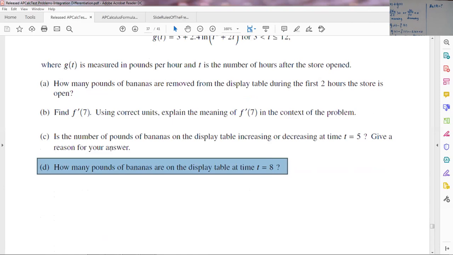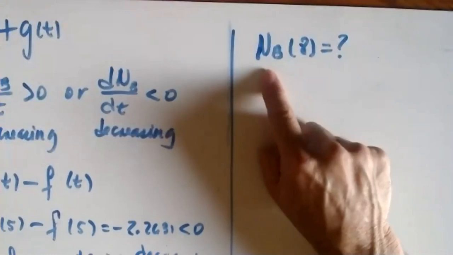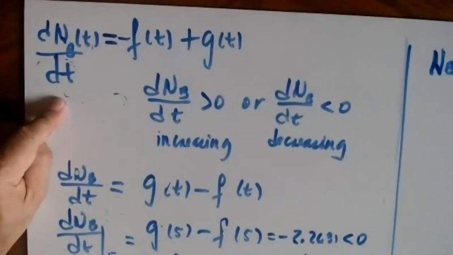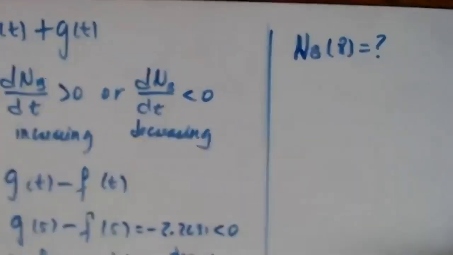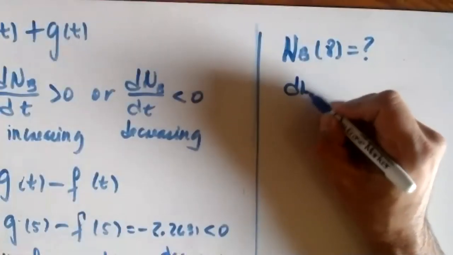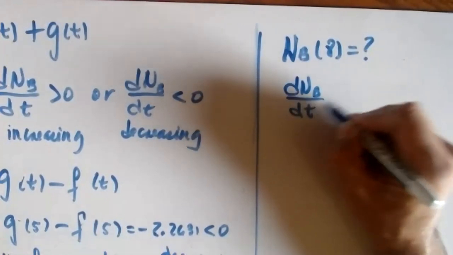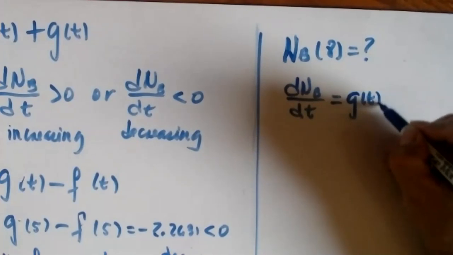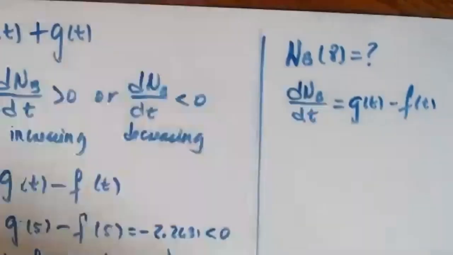Let me just go to my screen. So this is the answer I have to do. What is the number of bananas on the counter at t equals 8? Remember that dN_B/dt is g of t minus f of t, correct?